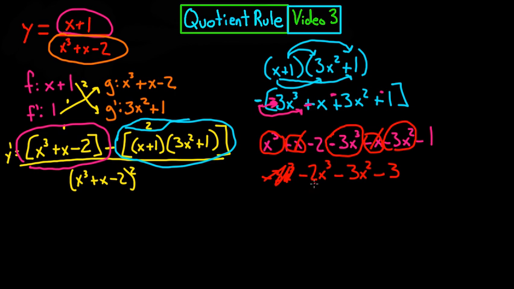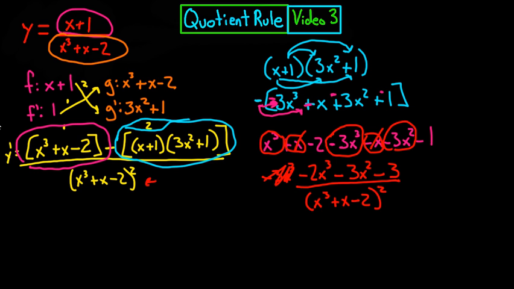Okay, and then that is going to be all over this right here. So you've got x cubed plus x minus 2 to the second power, and that is going to be your final answer.